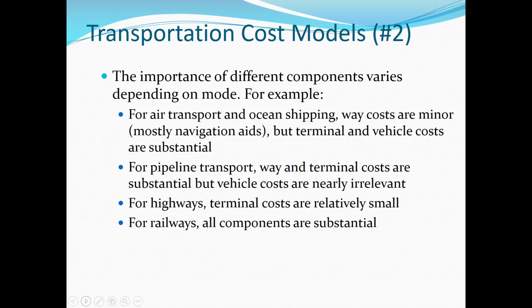And then for railways, all components, the terminals, the ways, the vehicles, everything is substantial. So not one of those cost components really dominates in railways. So when you think about transportation cost models, think about what mode you're considering, and depending on that mode, certain sub-models of cost would be more important and more critical than others.